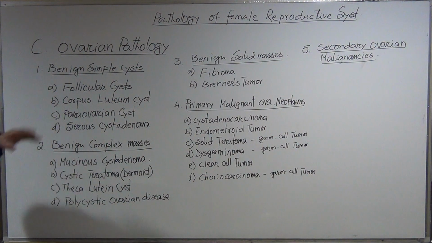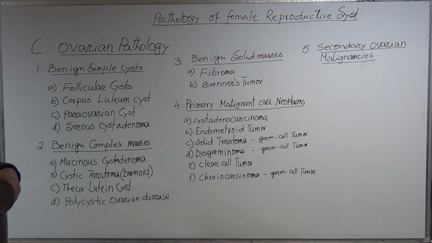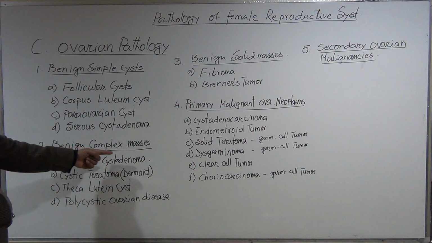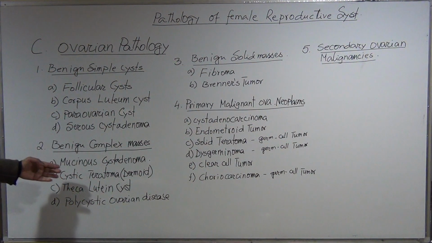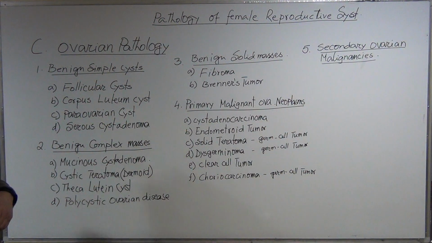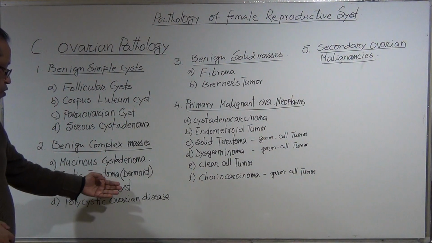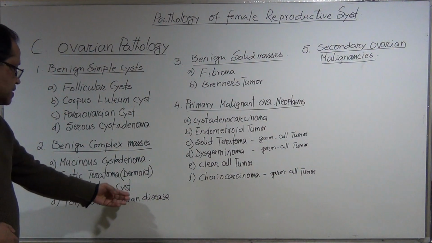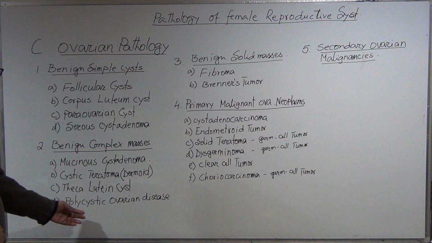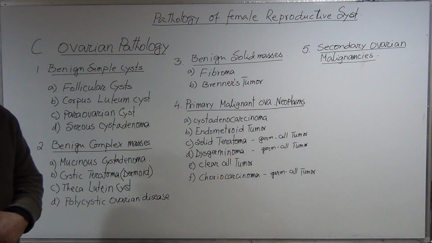Okay, so these are the 4 cysts we usually may encounter in the ovary, in the simple version. And in the benign complex masses, the mucinous cyst adenoma, cystic teratoma, we call it dermoid, theca lutein cyst, and the polycystic ovarian diseases.